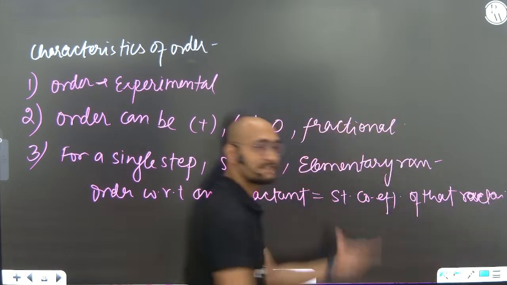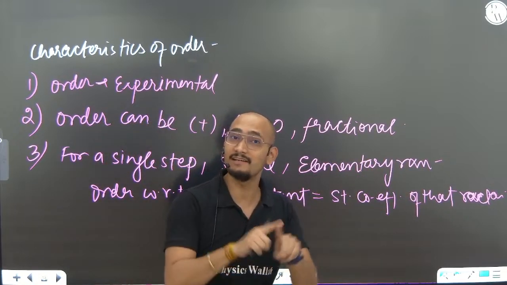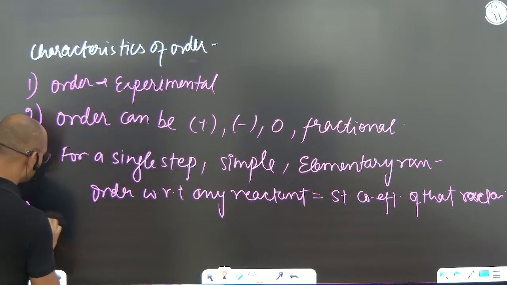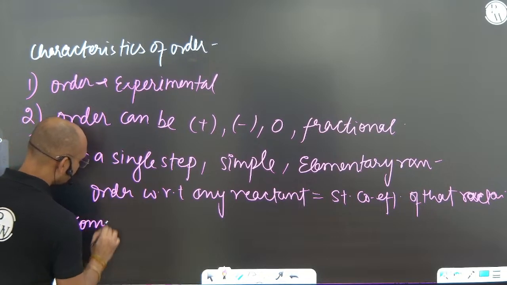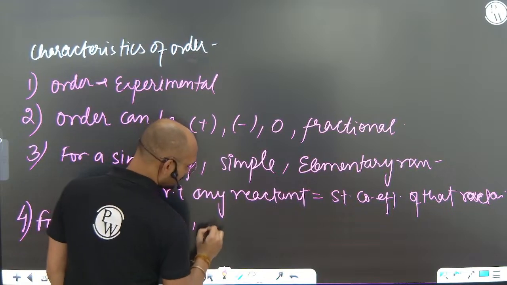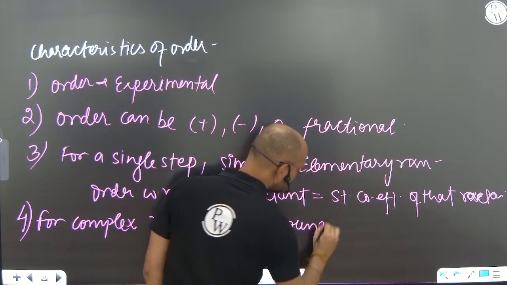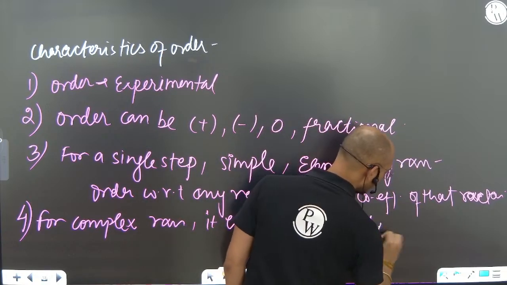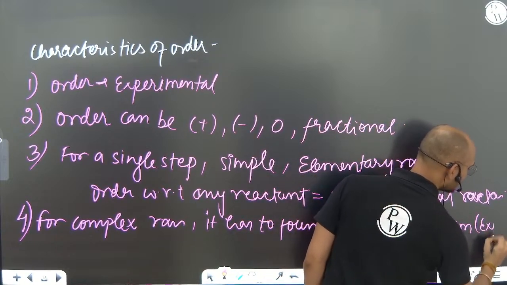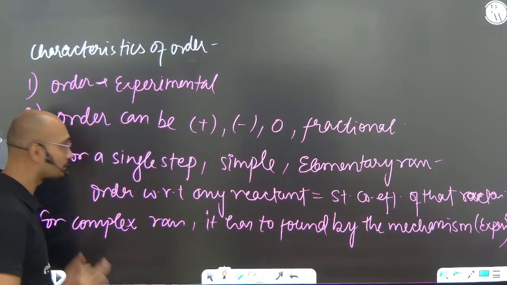So stoichiometric coefficients become equal to the order only when it is a single step reaction, not a complex reaction. Fourth, for a complex reaction, the order has to be found experimentally from the mechanism. These are things you have to always keep in mind.